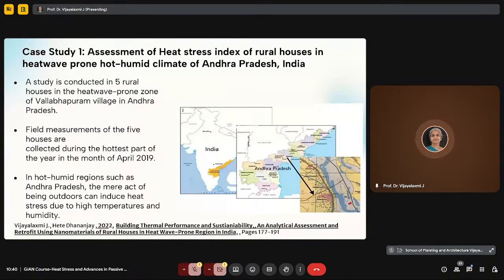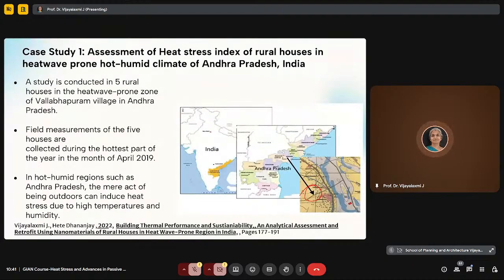A study was conducted in 5 rural houses in a heat wave prone area called Vallabhapuram in Andhra Pradesh. It's somewhere here, Vallabhapuram, closer. Field measurements were conducted on 5 houses, collected during a warm part of the year, which is April.